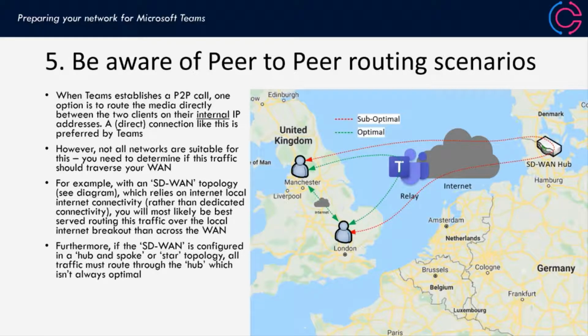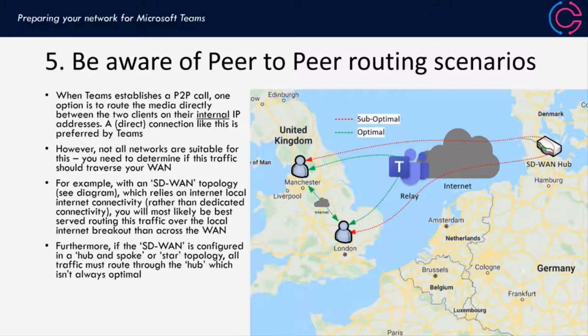So when, say, the London user calls the Manchester user, they will do what they call an ICE negotiation, or a media negotiation, where they will say to each other, by the way, my internal IP address is this, and the other one will give their internal IP address, and they will try and negotiate a direct connection. That's the preferred method when communicating between 2 clients, is always to go locally.